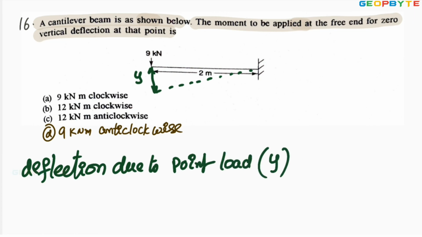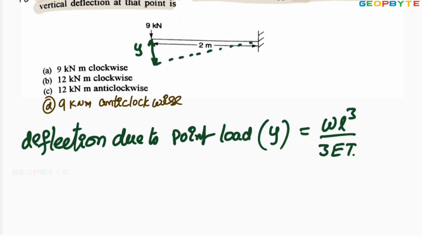Y equal to W L cube by 3EI. This is the formula. Remember this formula: when a cantilever beam is subjected to point load at the free end, the maximum deflection is at the free end, equal to W L cube by 3EI. W is given, length is given.